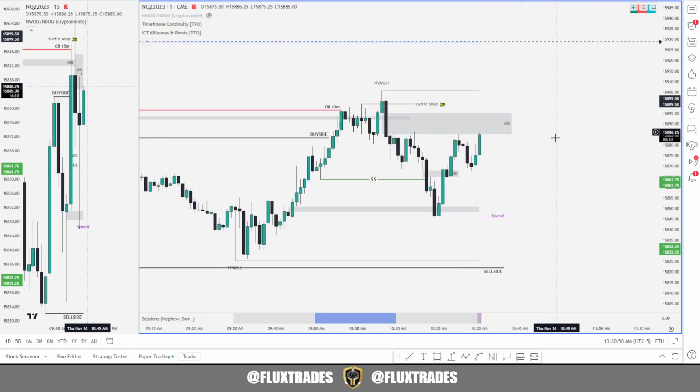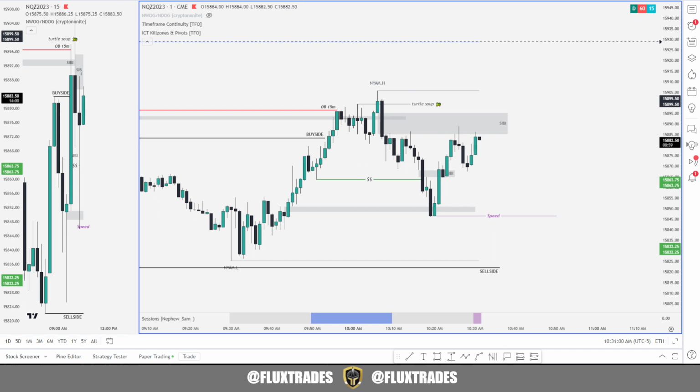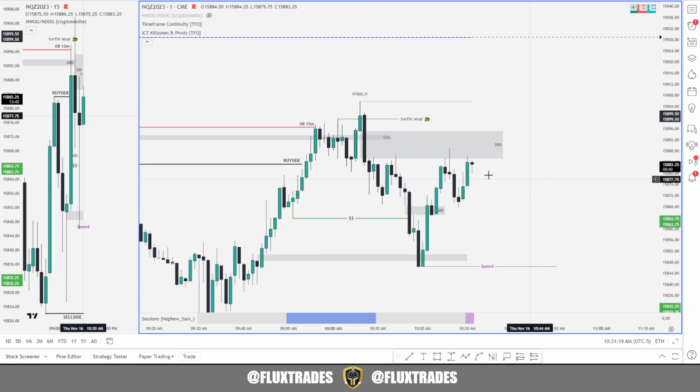Could remove this. Yeah, didn't take a trade yet. I would like to see. Oh, we did close through here.